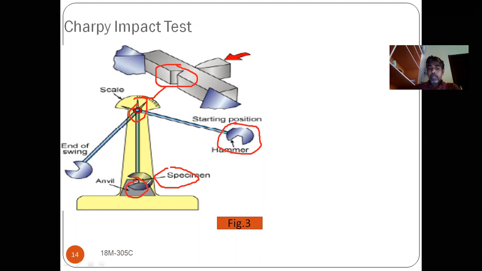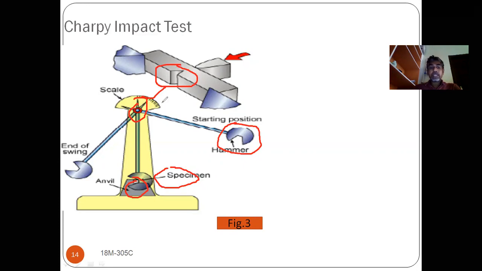When the hammer hits the specimen, it fractures into two pieces, and you get a value here for how much energy is absorbed during this fracture. From that, we find the impact strength of the material. This is the general procedure for Charpy as well as Izod impact tests, but only the loading of the specimen and the placement of the swing hammer differ.